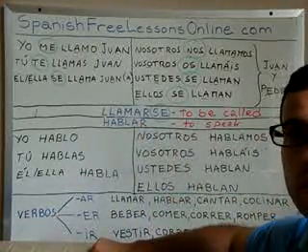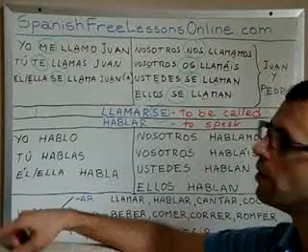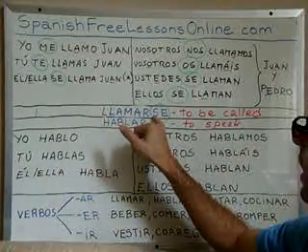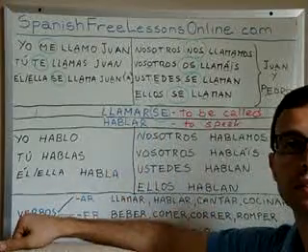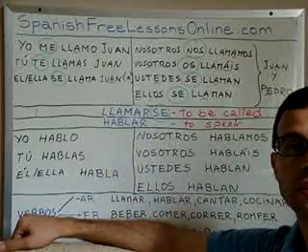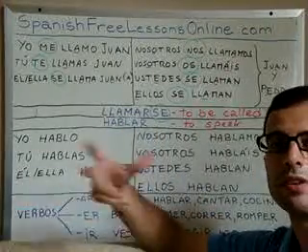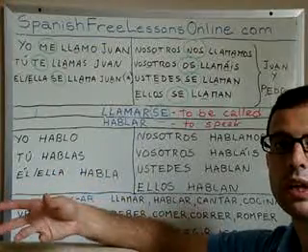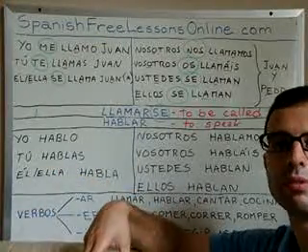But if you use the indirect object pronoun at the end, then the verb becomes a reflexive verb. So it would be call myself, right?